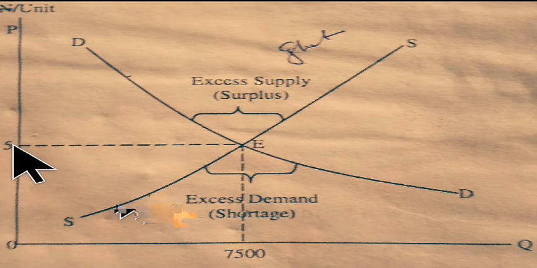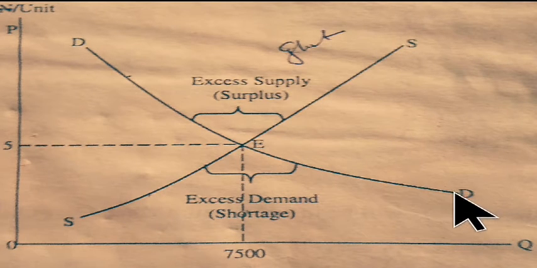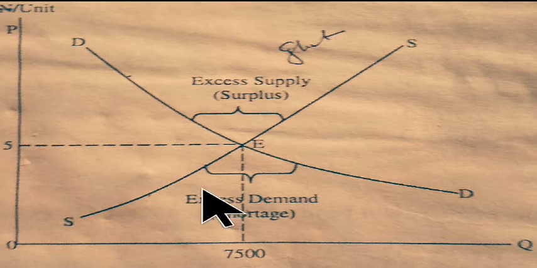As the price decreases from 5 to 1, demand increases from whatever, maybe 2, 3, 4, 5 to what? Maybe beyond 7,500 to 8,000, 9,000. That will lead to what? Shortage. So this is the graphical presentation of the demand and supply schedules and the market equilibrium.